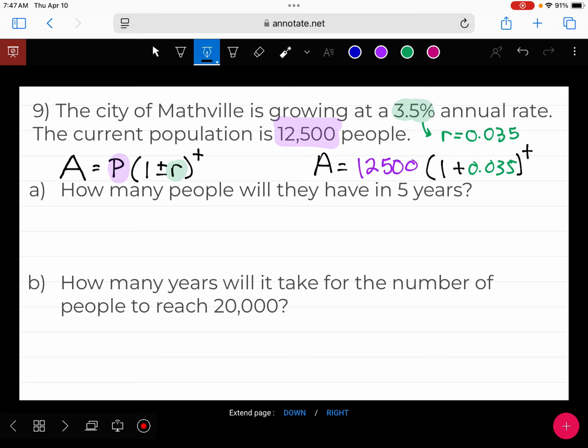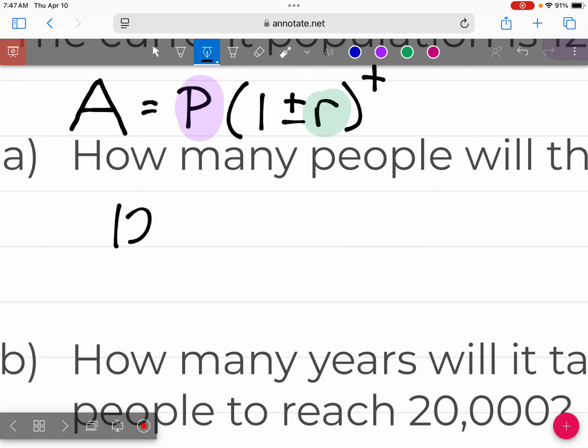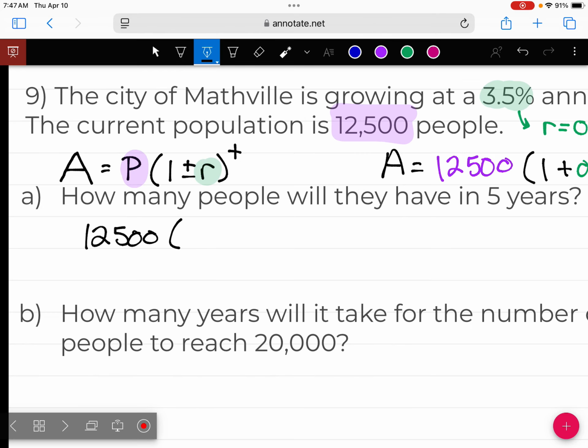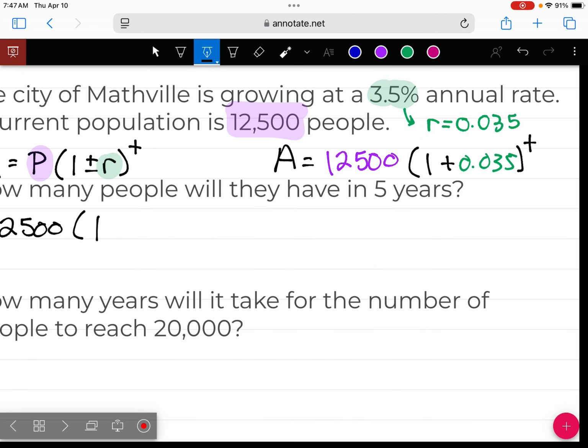So we're going to take our 12,500 times 1 plus 0.035, so we have our 1.035, substituting in the 5. So how many people are going to be in this town, in Mathville?